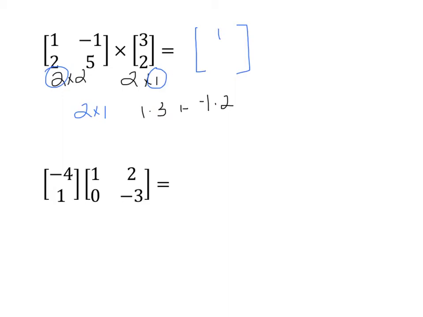And then I do the same thing. 2 times 3 plus 5 times 2. Well, that's 6 plus 10 is 16. Taking a look at the next matrix, this is a 2x1. This is a 2x2. Because these are not the same number, you cannot multiply these.